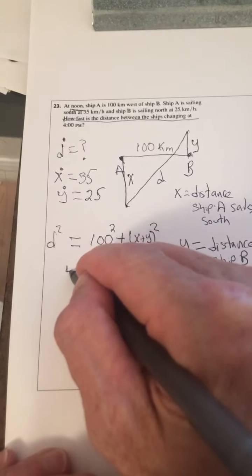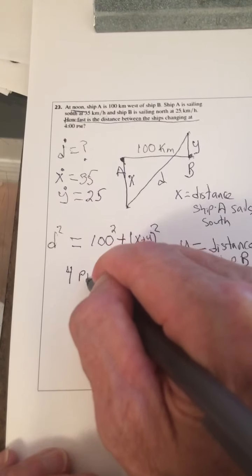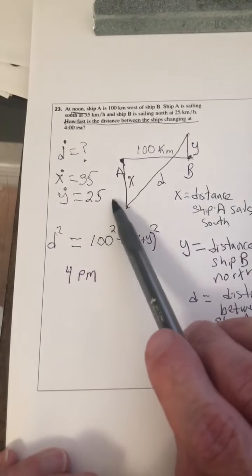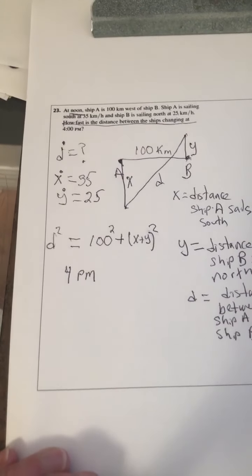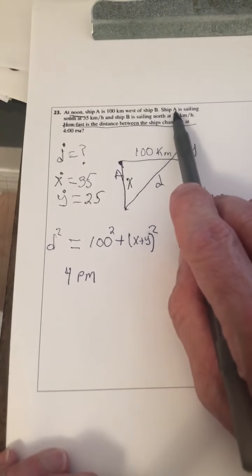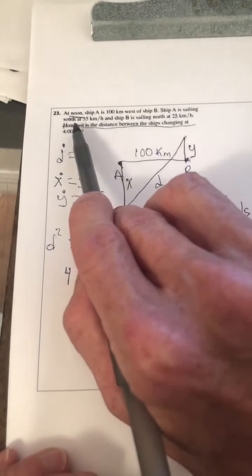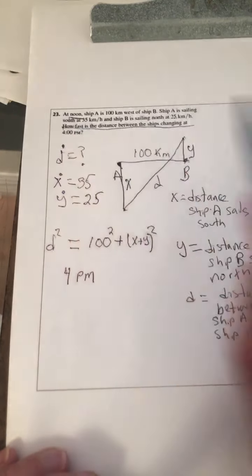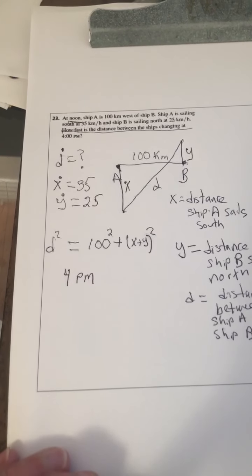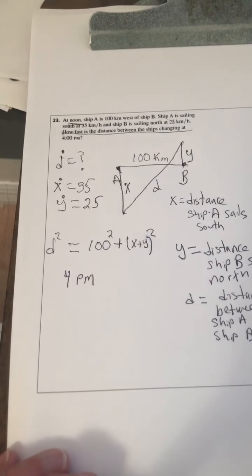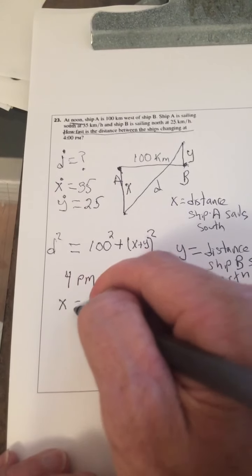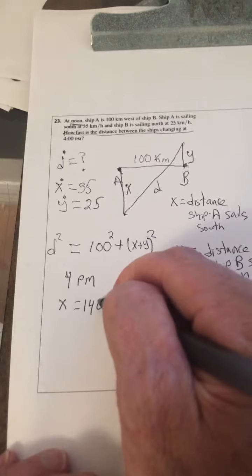So at 4 p.m., that's 4 hours past noon, right? Ship A is sailing south at 35 kilometers per hour, so what we need is 35 times 4. So x is 140, right?